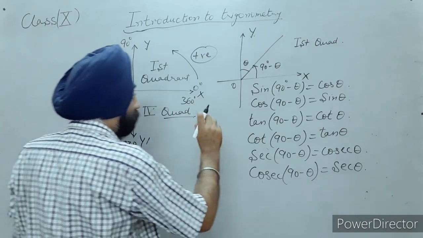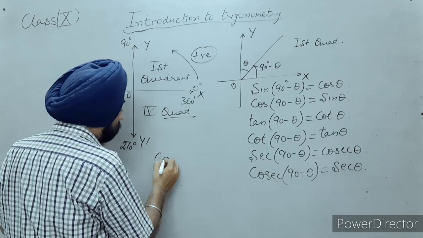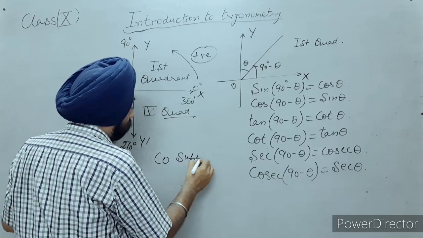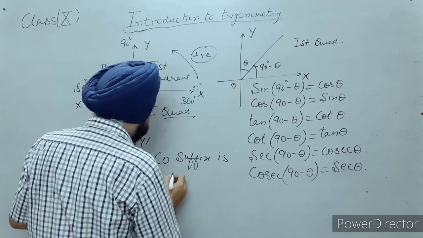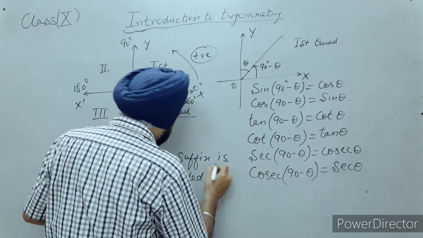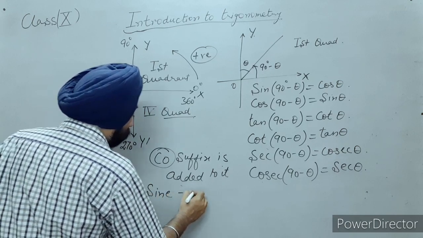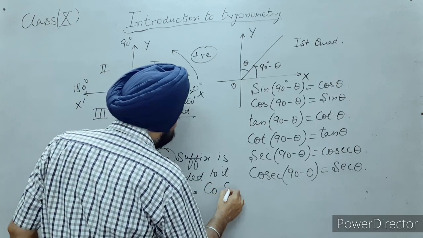Now, what is the rule behind it? For sine of 90 minus theta, the co suffix is added to it. That means sine becomes cosine.